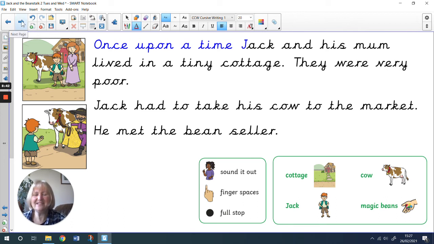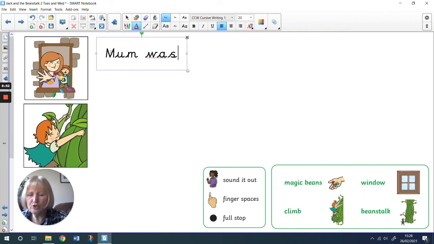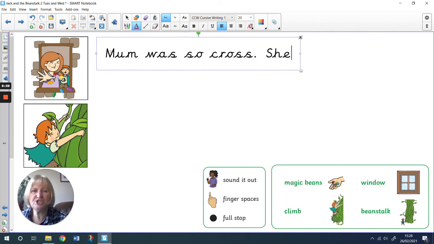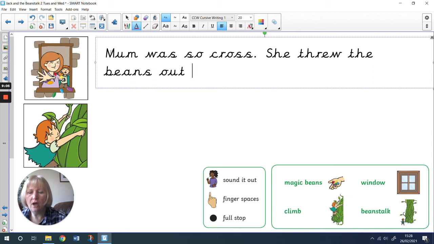I like that, that's better. Ooh, right, okay. Now we need sentences for these pictures. Mum was so cross. Full stop. She threw the beans out of the window.